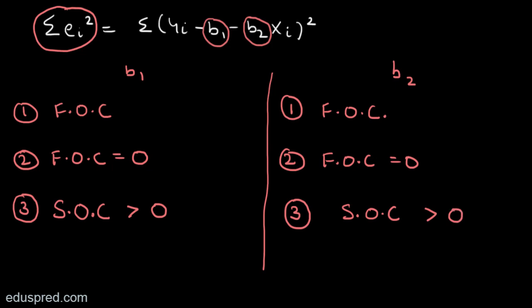Now let's proceed with the minimization technique, and let us first work with B1. So we know that summation ei square is summation yi minus b1 minus b2 xi whole square. Now before I differentiate this expression to find the first order condition, I can write it in a more intuitive manner. Note that in the sample that I have taken, we have 5 values of y and x.